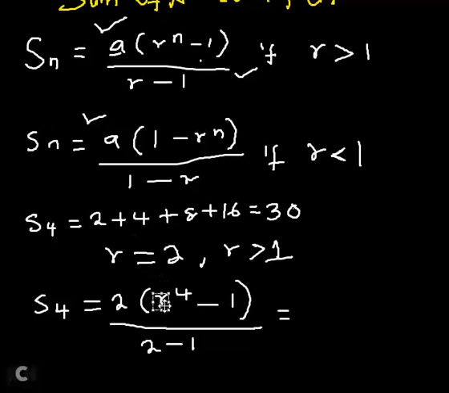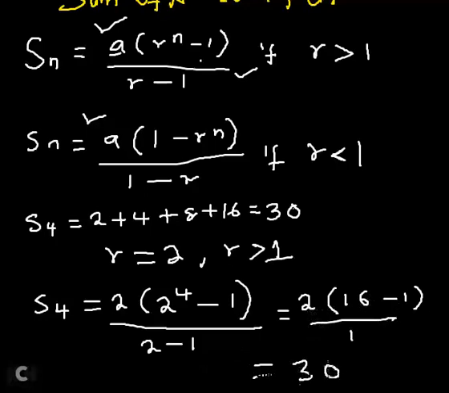The common ratio is 2. So that's 2 raised to power 4. That's going to be 2 bracket open, 2 raised to power 4 is 16, then minus 1, then divided by 2 minus 1, which is 1. So this is equal to 16 minus 1, that's 15. And 15 times 2 is 30. So that actually confirms our formula, all right?